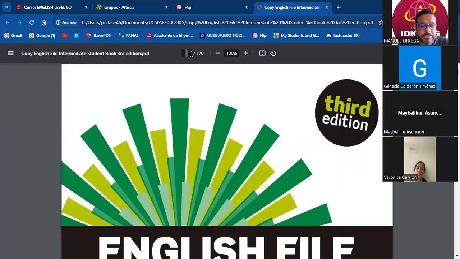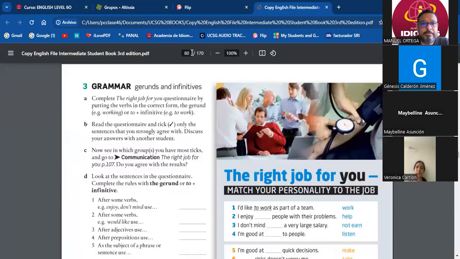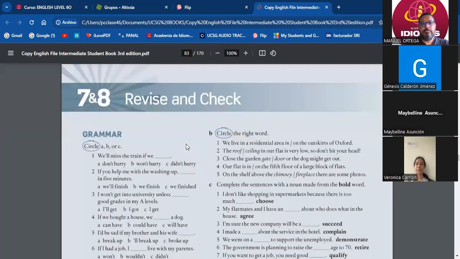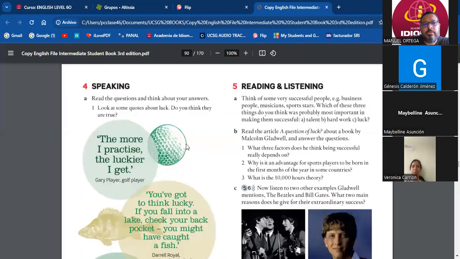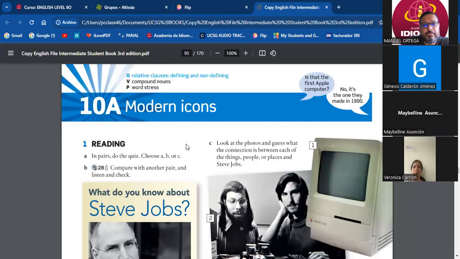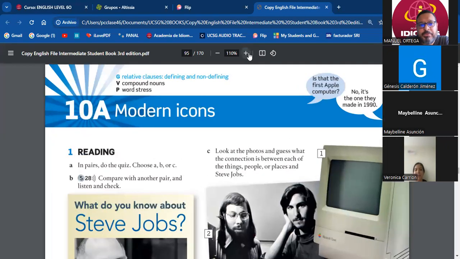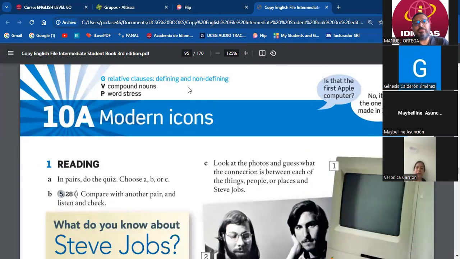Remember, today we're going to start on unit 10A. What we're going to cover is the following. When they refer to modern icons in this unit, we are going to have relative clauses, defining and non-defining. In the vocabulary, we're going to have compound nouns, and in the pronunciation, we're going to practice word stress.